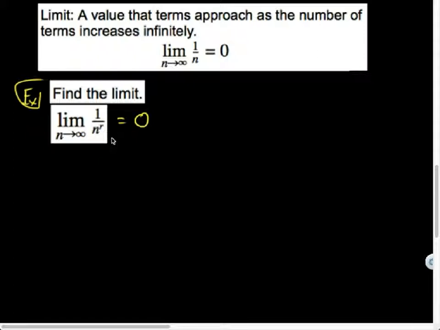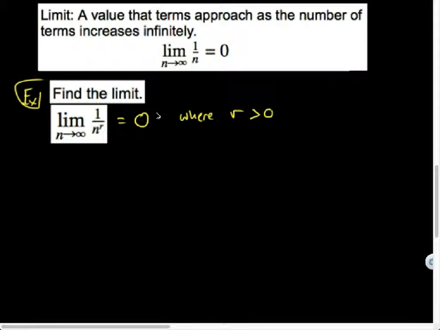Negative. Right. Why? What would happen if it was negative? Yeah, if r was negative, it would flip it on top. And then you're right, it would be approaching infinity, which actually brings up a really important point. If it's approaching infinity, we would actually say that the limit does not exist. Okay?